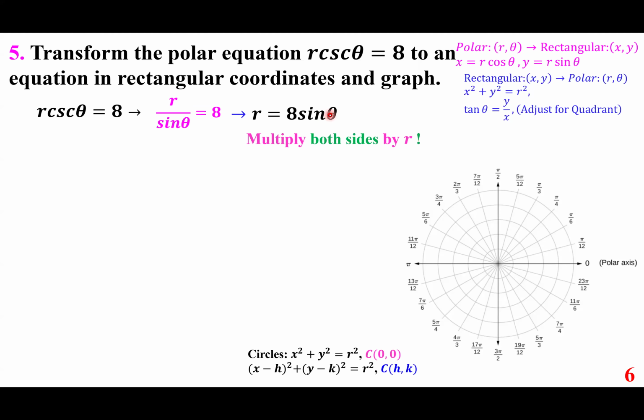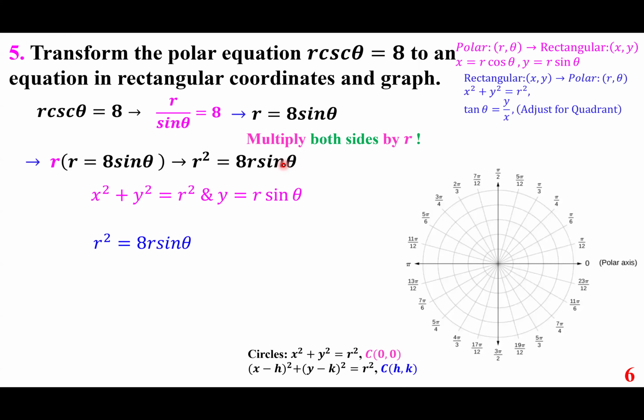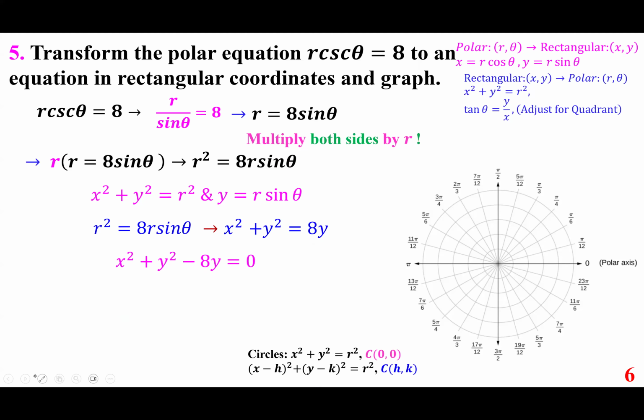And this becomes r squared equals 8 r sine theta. R squared is x squared plus y squared, and this is y. Therefore, we're going to replace it as x squared plus y squared equals 8y. We're going to move the 8y to the left, and set it next to y squared.